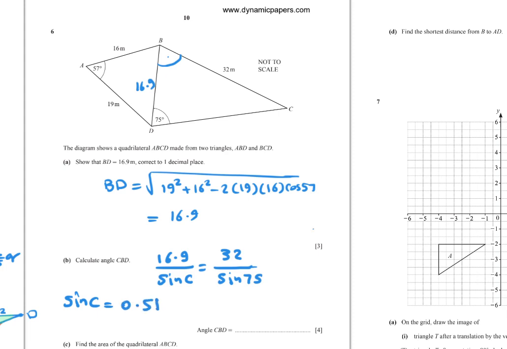Now angle C is 30.7. So angle B equals 180 minus 75 plus 30.7, which equals 74.3.